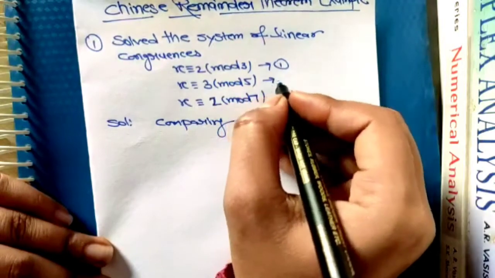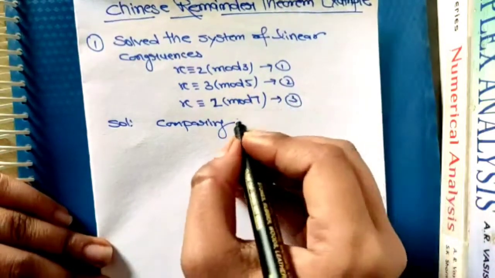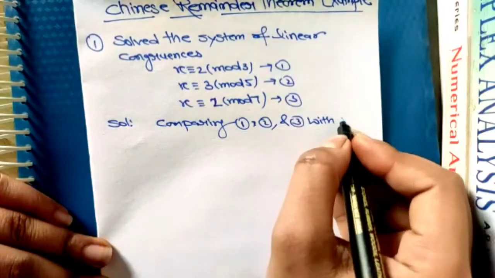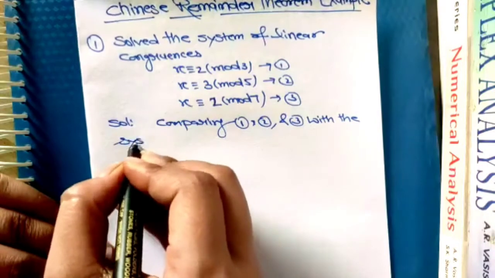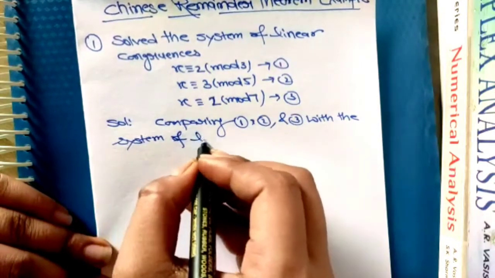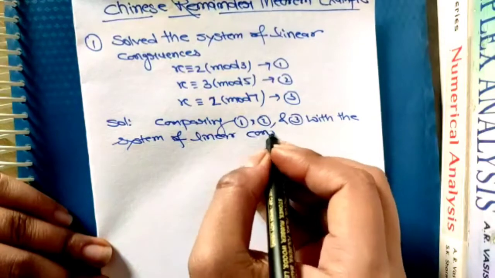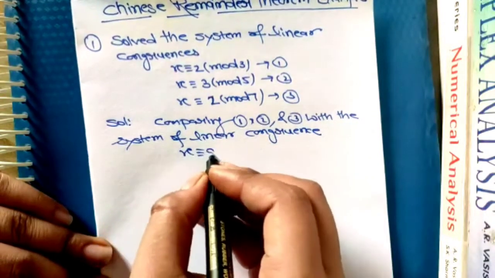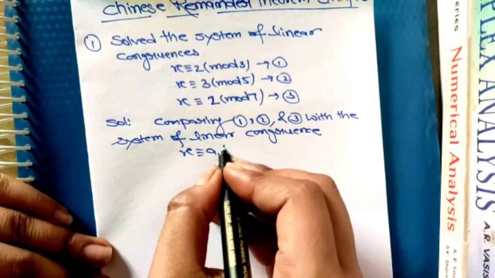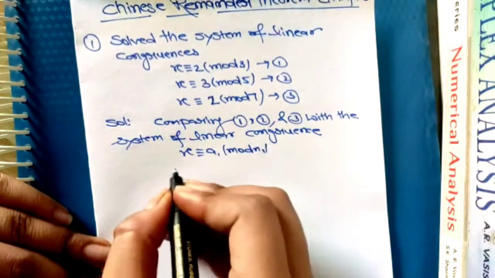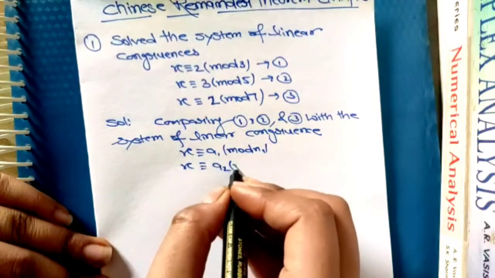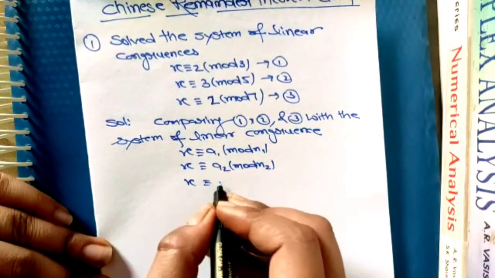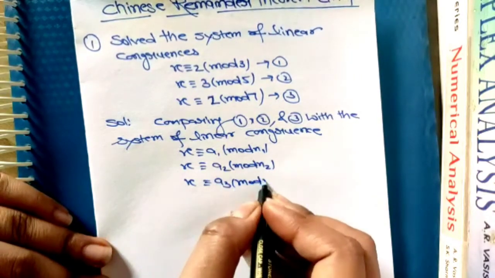equations 1, 2 and 3 with the system of linear congruence x congruent a1 mod n1, x congruent a2 mod n2, x congruent a3 mod n3.